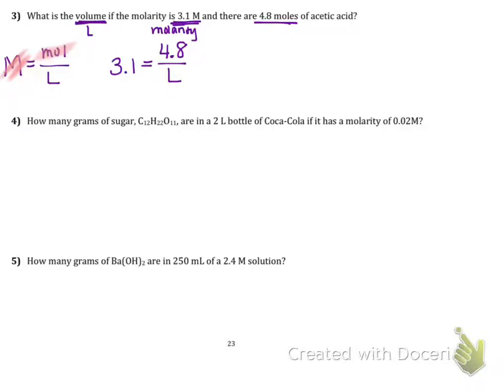A lot of you guys probably prefer to think of this as 2 fractions like this, and now you can cross multiply to get to liters. So cross here, and then cross here to get to liters, and then hopefully the answer you get is 1.55 liters.